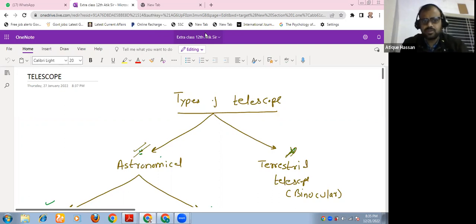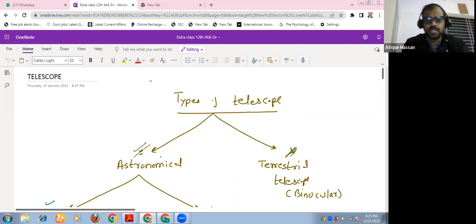But in the case of a telescope, it doesn't do any kind of magnification. What it does is form an image of a distant object at the desired point where you want it, whether you want the image at infinity, or at normal vision, or at near point vision.